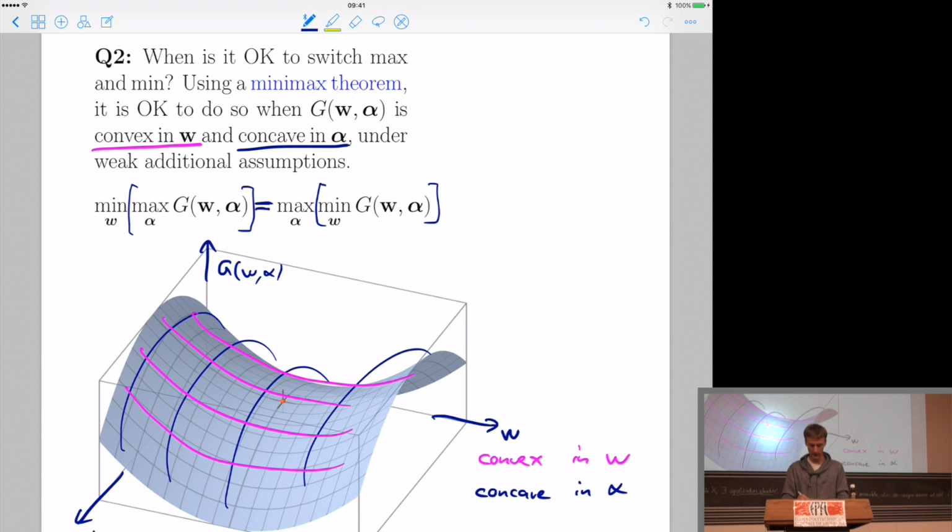So now we're going to exploit this, and we're going to actually solve the problem on the right, instead of what we did before, which was doing gradient descent for W, which was just solving the problem on the left. So okay, let's try to solve the problem on the right, which is what we had on the previous slide, right? But just the min and max, we now change the order.